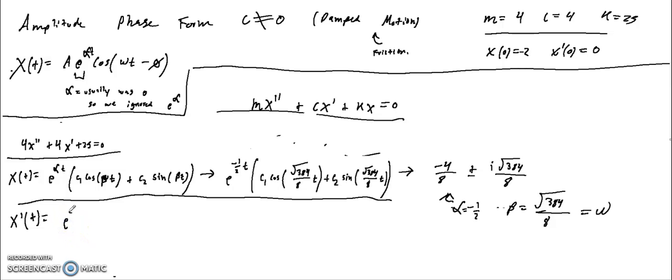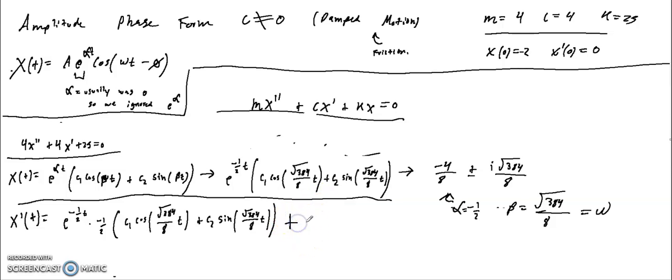So the derivative of the first, e to the stuff, is just e to the stuff times the derivative of that stuff, a little bit of chain rule, times just the normal part, c1 cosine of radical 384 over 8 times t plus c2 sine of radical 384 over 8 times t, all times that e to the negative 1/2 t times negative 1/2.